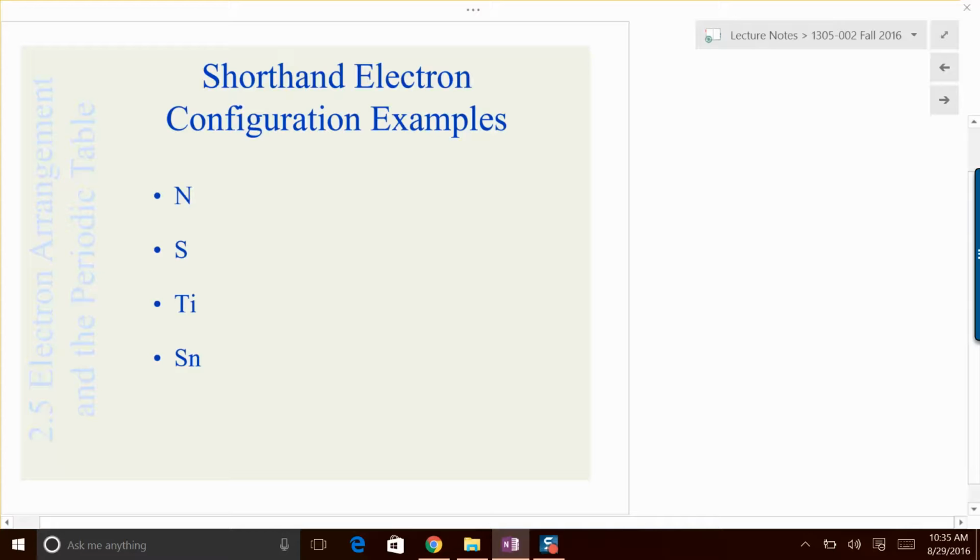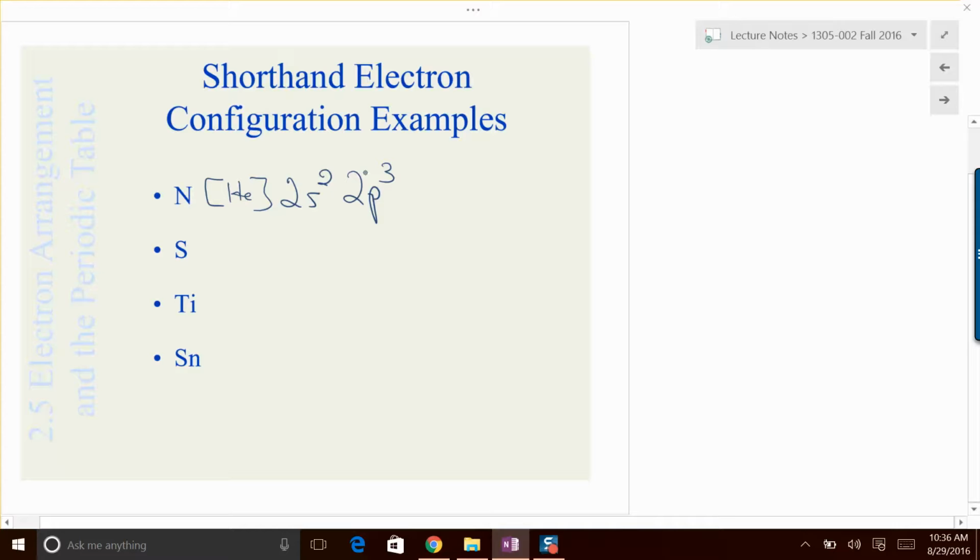So let's write the shorthand electron configuration of these examples. Nitrogen. Where am I starting? He. Brackets, He. This one's kind of worthless to write in shorthand, but go ahead and do it. 2s2.